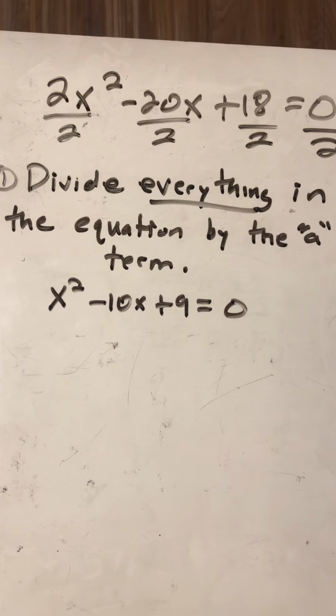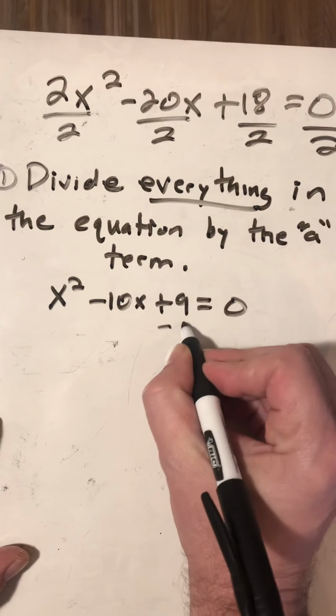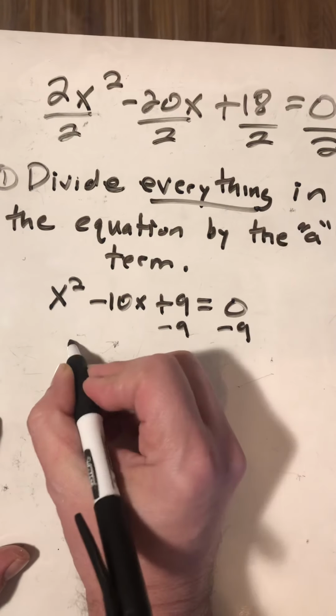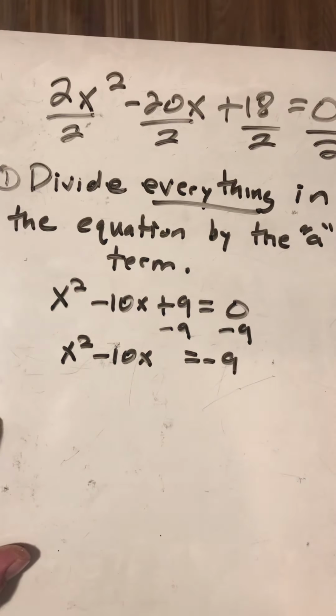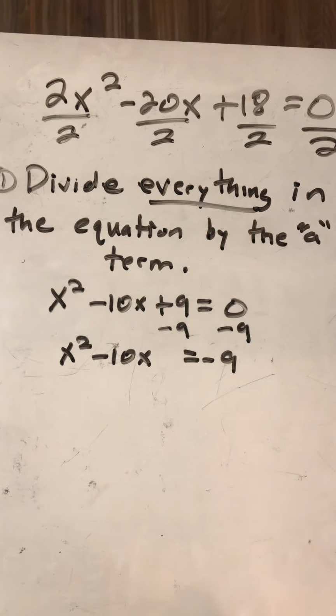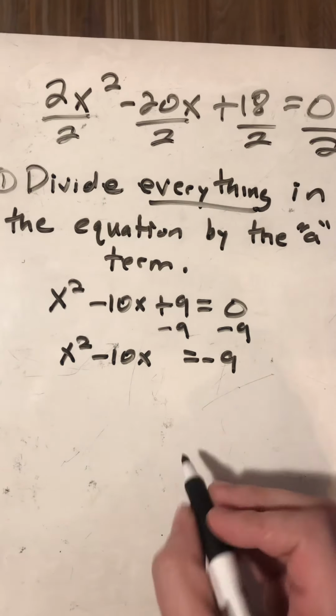So now you're just going to finish the process that you normally would of solving by completing the square. So we're going to remove that 9, move it over here. And now I've got x squared minus 10x equals negative 9. And then I'm going to do my b over 2 squared to find the term that completes my square.